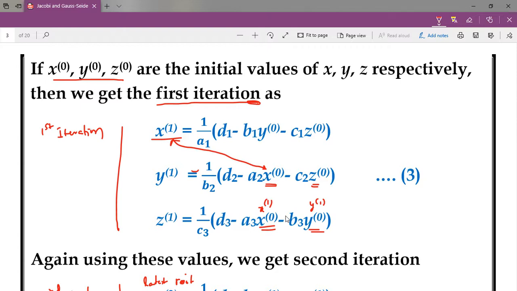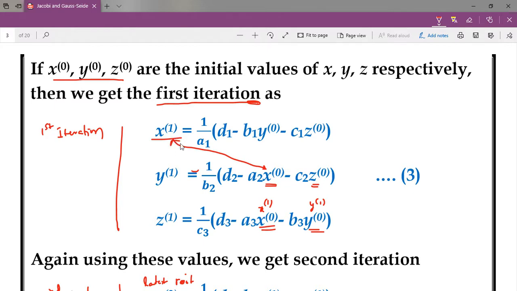Instead of taking just the initial values x0, y0 and z0 for solving all three equations, if we use the latest root, then the system of linear equations converges faster than the Jacobi method. This method is known as the Gauss-Seidel method, which we are going to see now.